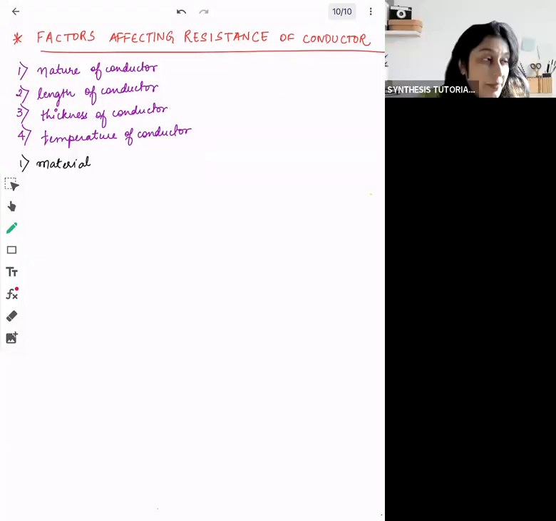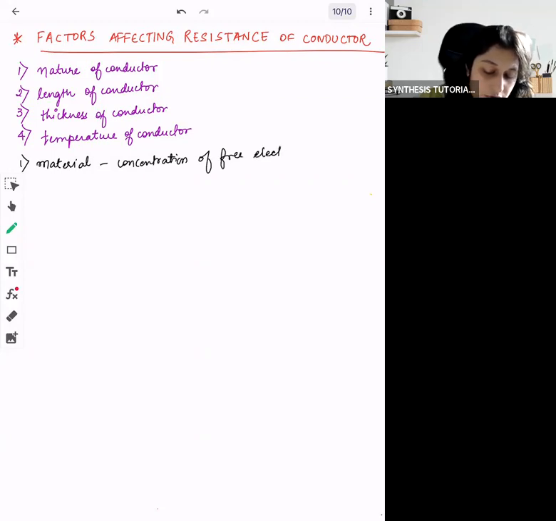Okay, so now in materials, if you see what the textbook is talking about, we'll just write the keywords. In material, the main deciding point is the concentration of free electrons. If the concentration of free electrons is high, it means the resistance is low, and this is the case in conductors.